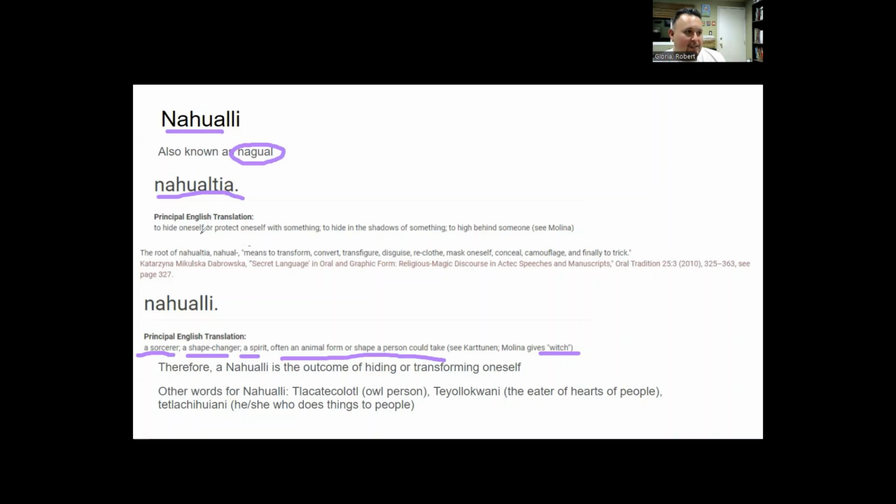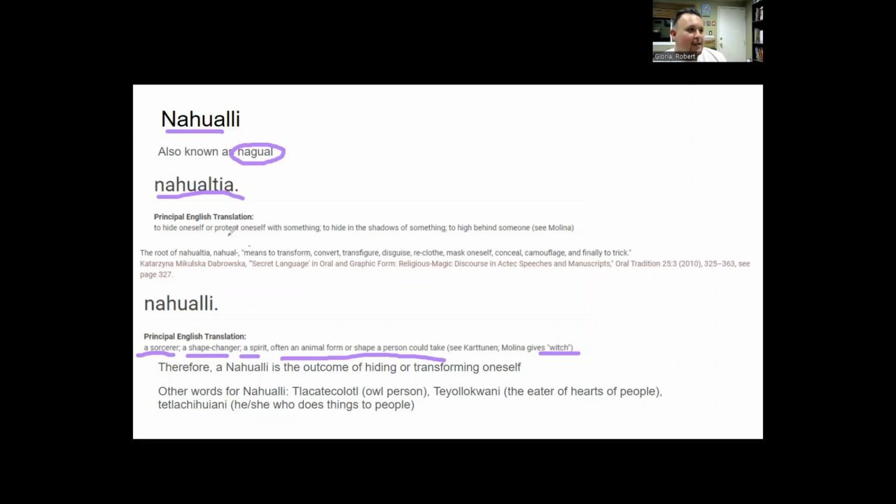It means to hide oneself, protect oneself with something, to hide in the shadows, to hide behind someone. So a lot of different definitions, but the common theme there is like to hide, right?